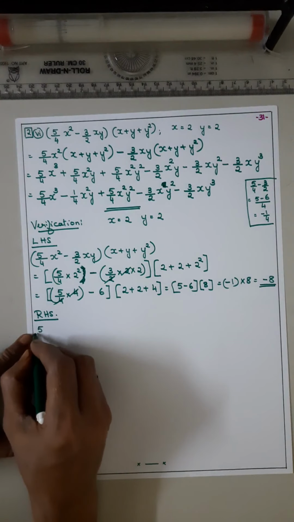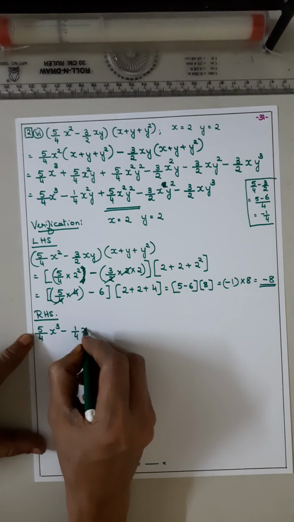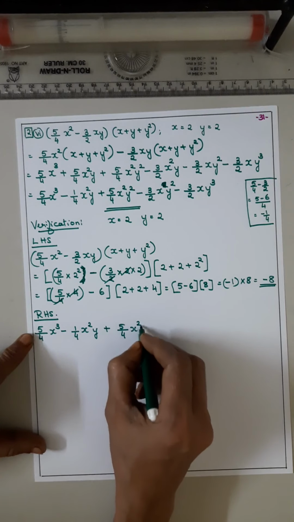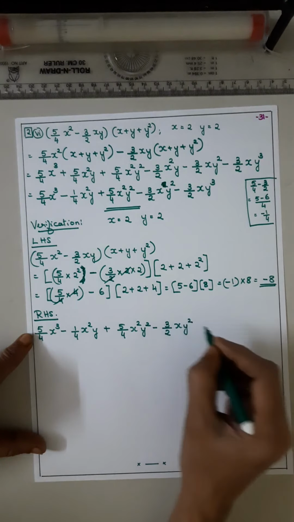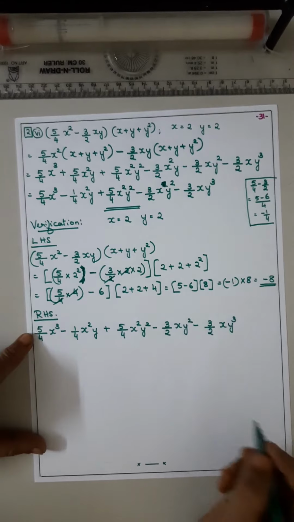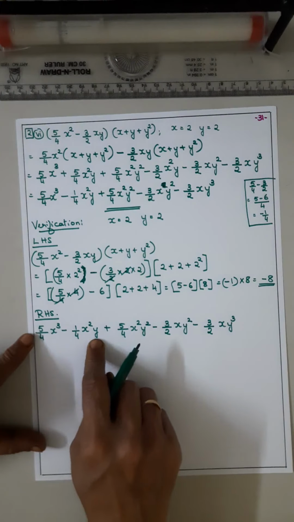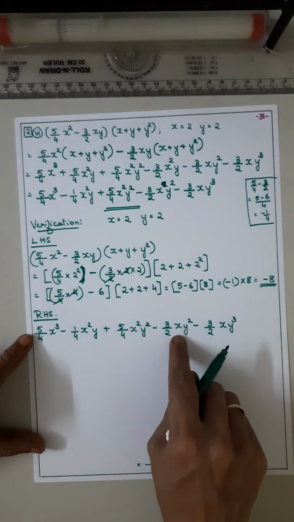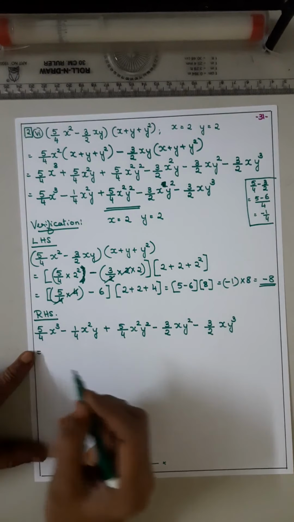Now coming to the answer, whatever you got, that is the RHS. Answer: 5 by 4 x cube minus 1 by 4 x squared y plus 5 by 4 x squared y squared minus 3 by 2 xy squared minus 3 by 2 xy cube. Check again. Okay, now put the values.